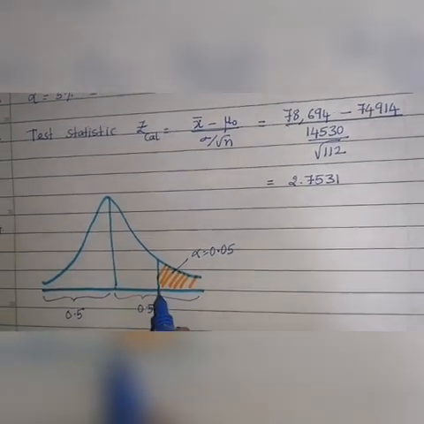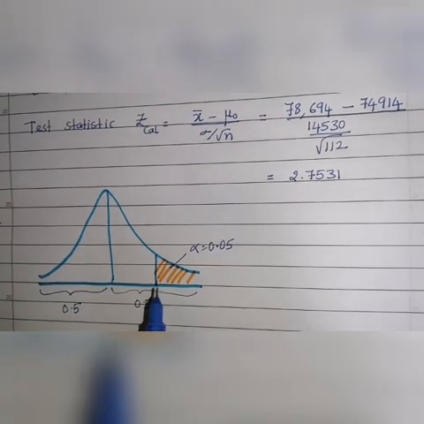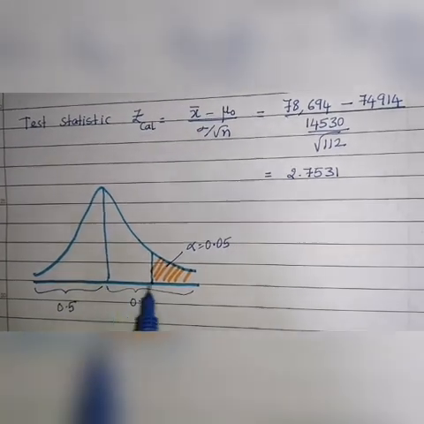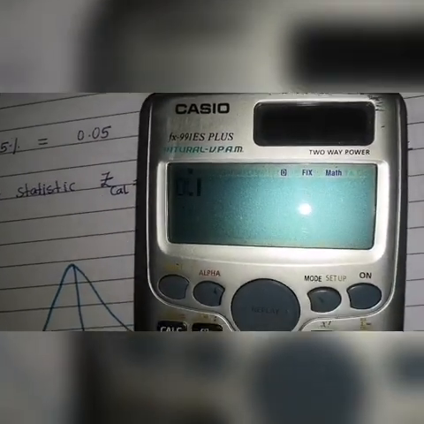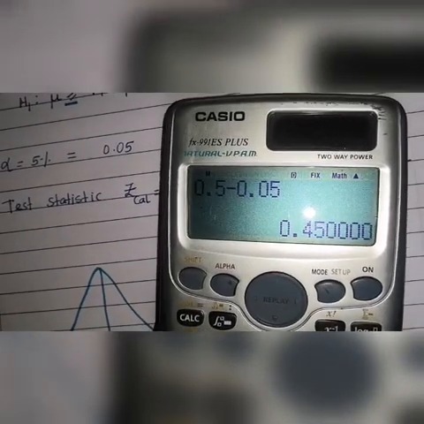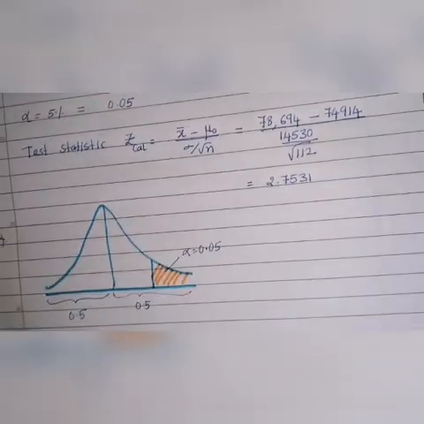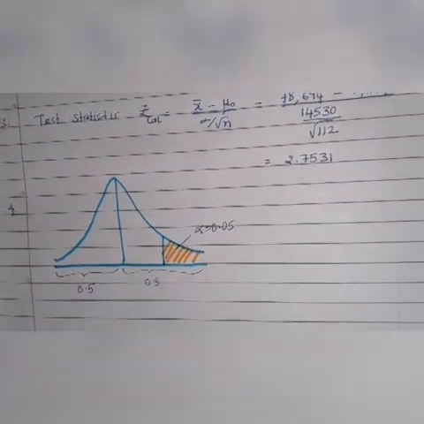Now if we want to find this point from the table, we have to deduct 0.05 from 0.5. What do we get? 0.5 minus 0.05, we get 0.45. So let us see which value in the table corresponds to 0.45.